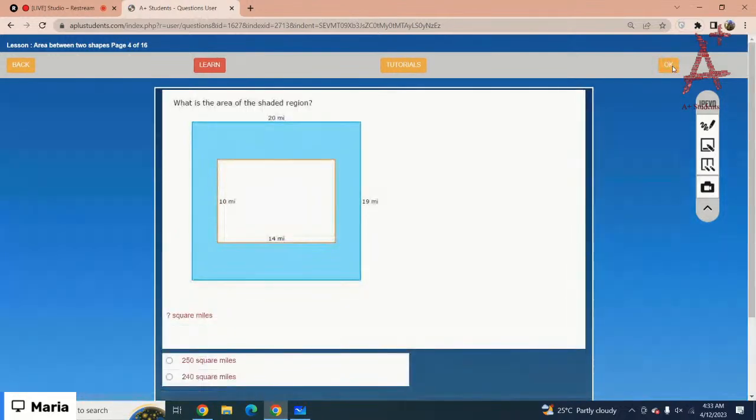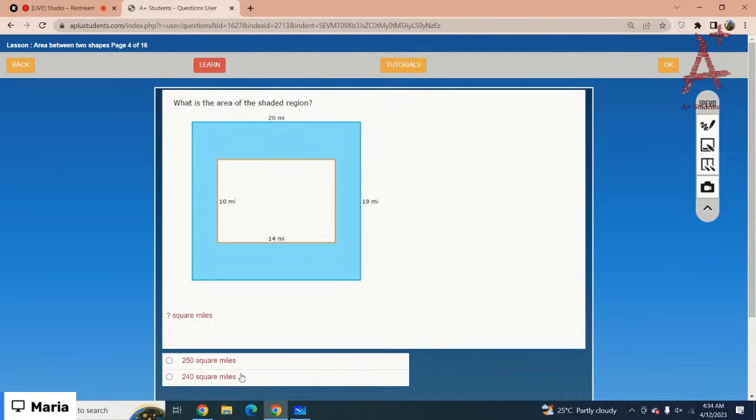Okay, what is the area of the shaded region? Ten times 14 is 140, and 19 times 20 is 380. 380 minus 140 is, yes, that would be 240 square miles.